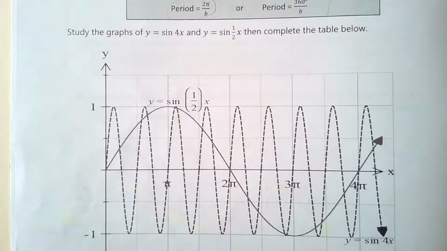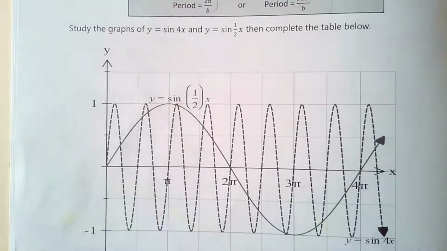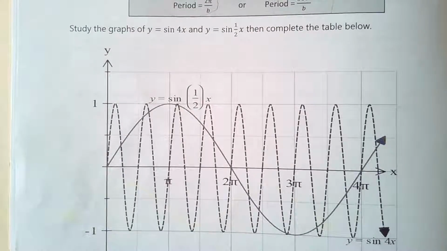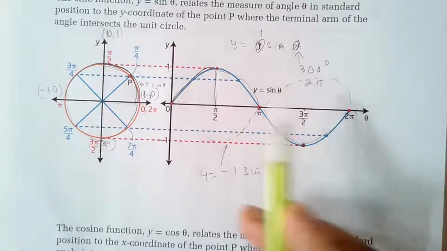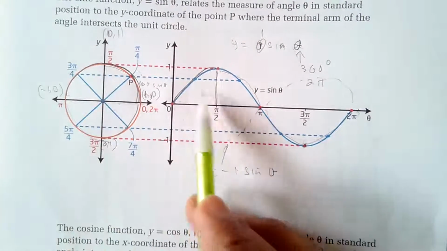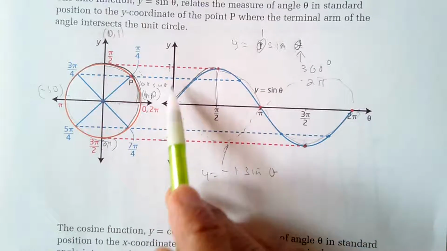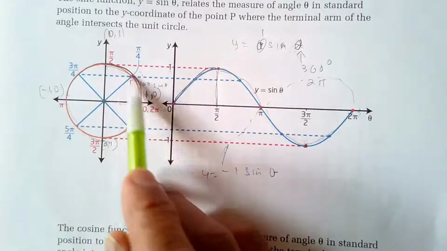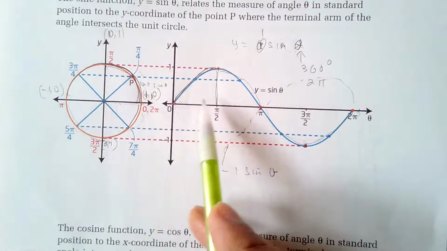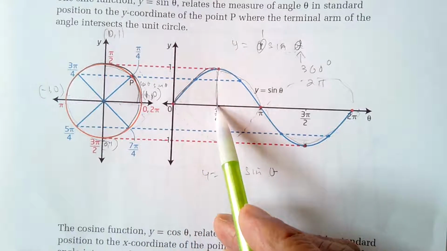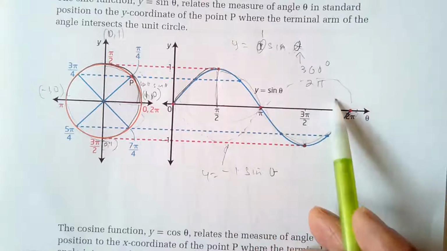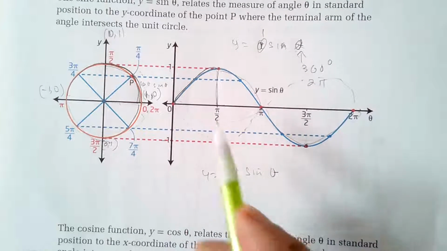If you look back at our sine function, over 2 pi here we have 1 period because there's only one cycle in this entire circle. It goes around once. But if there were 2 cycles, say I go up here, come down back here, if there are 2 cycles, then we have 2 periods.